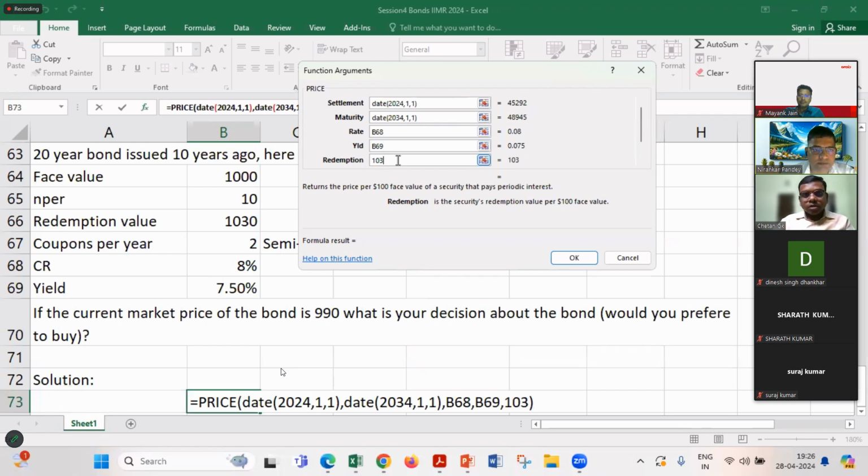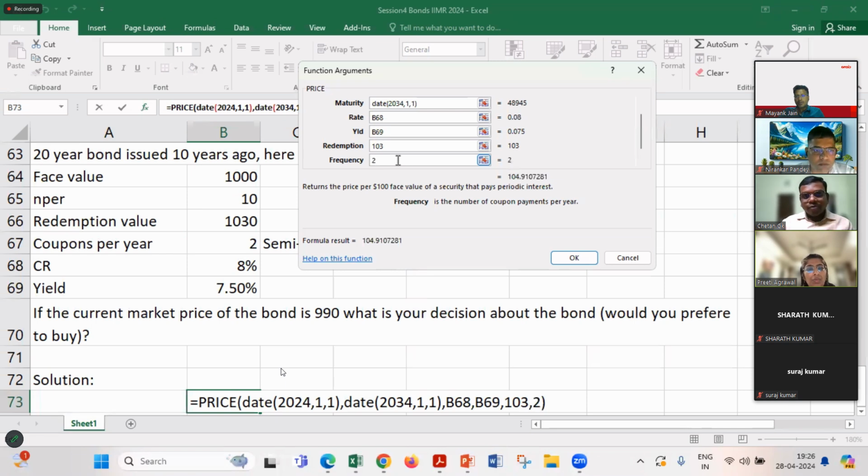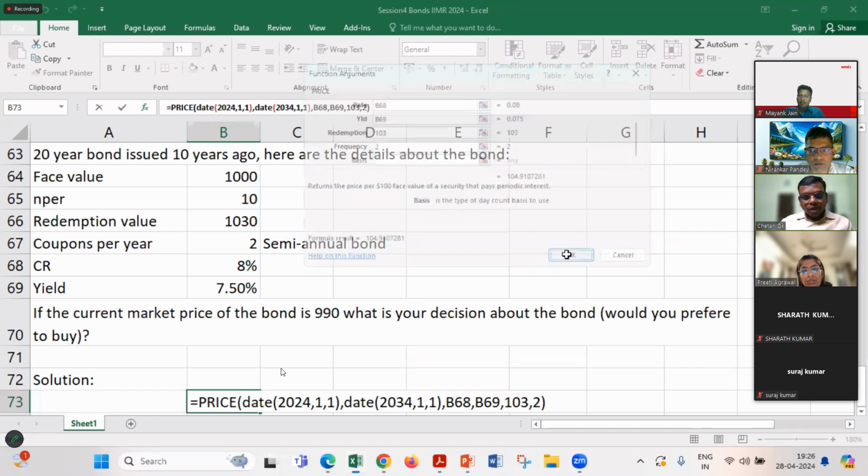Frequency, how much should I put? 2, right? Because you'll receive 2 coupons in a year. Next is basis. I asked you to skip this, so let me also skip it right now. I'll click OK.